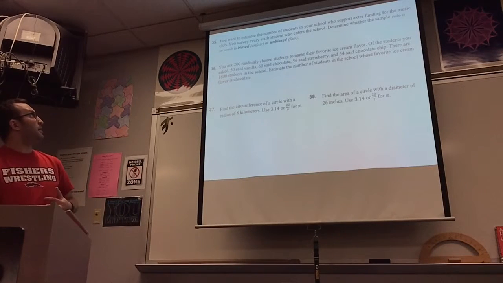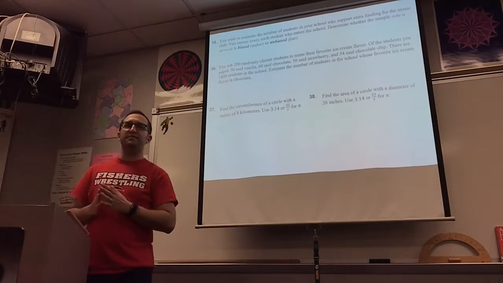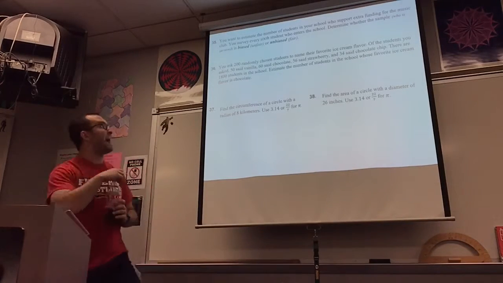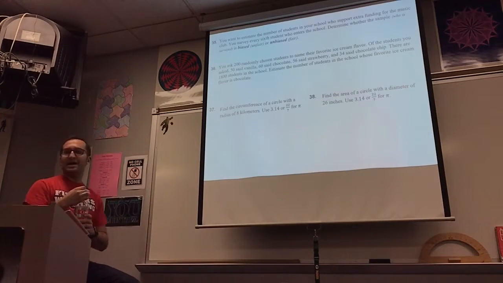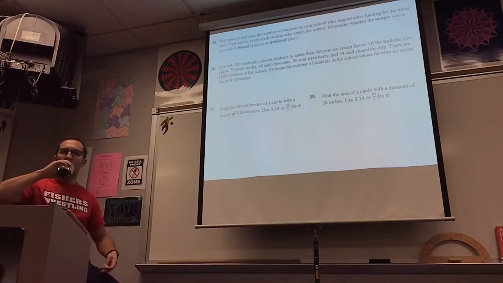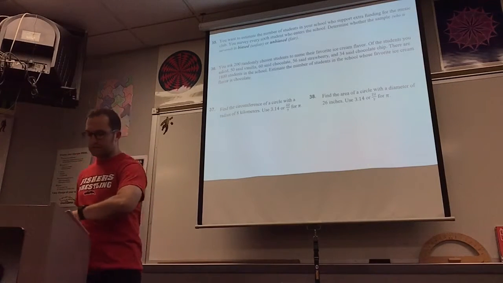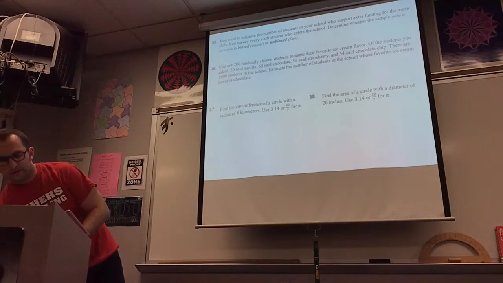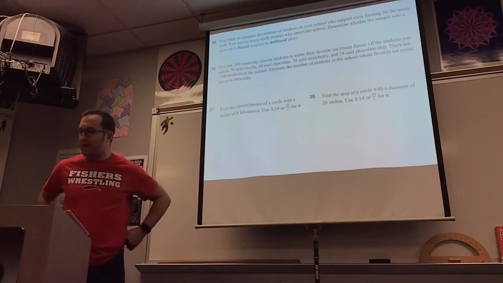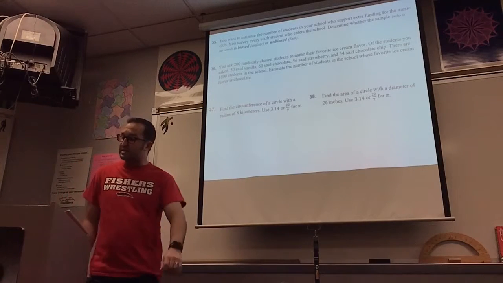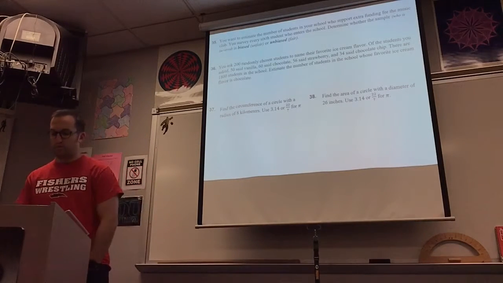Now we'll be talking about bias and all that stuff probably after. I've talked a little bit about bias, talked about it yesterday. What makes a sample good and what makes a sample bad. So you want to estimate the number of students who support extra funding for the music club. You survey every 6th student who enters the school.